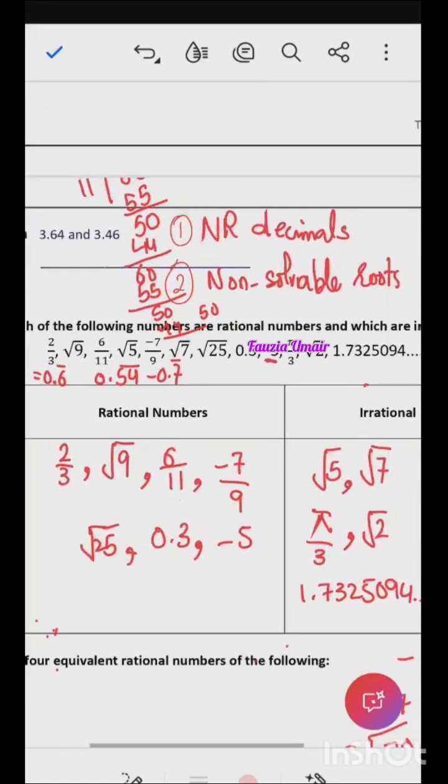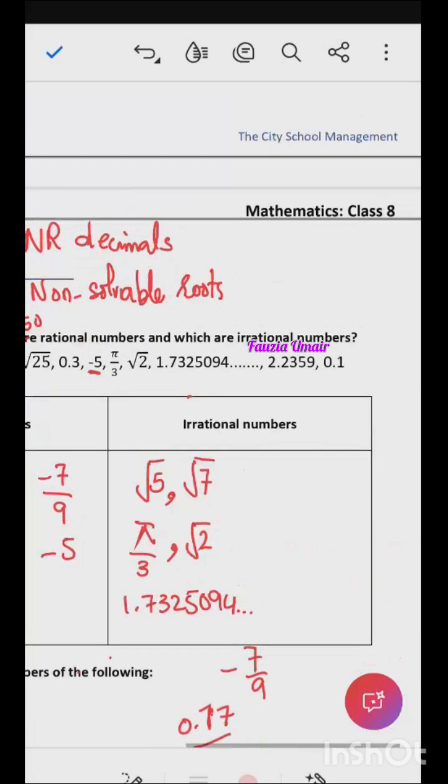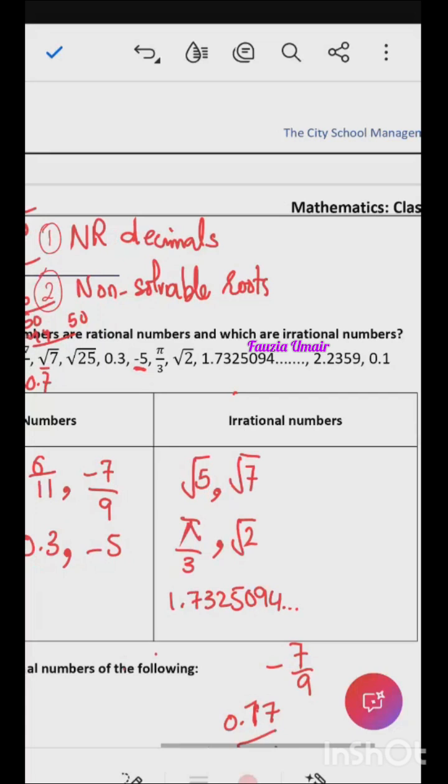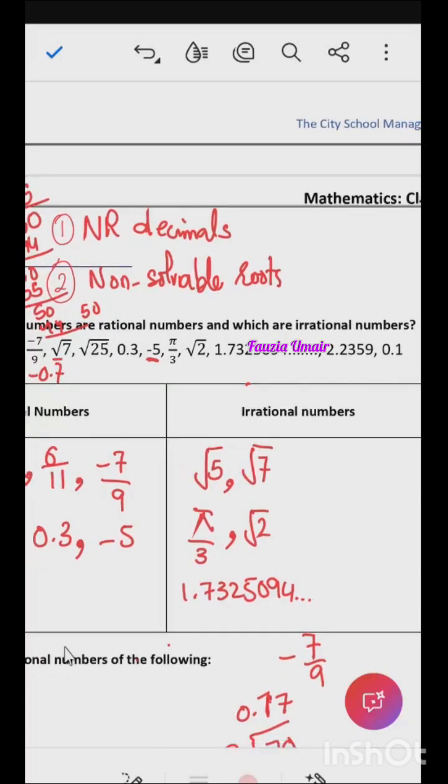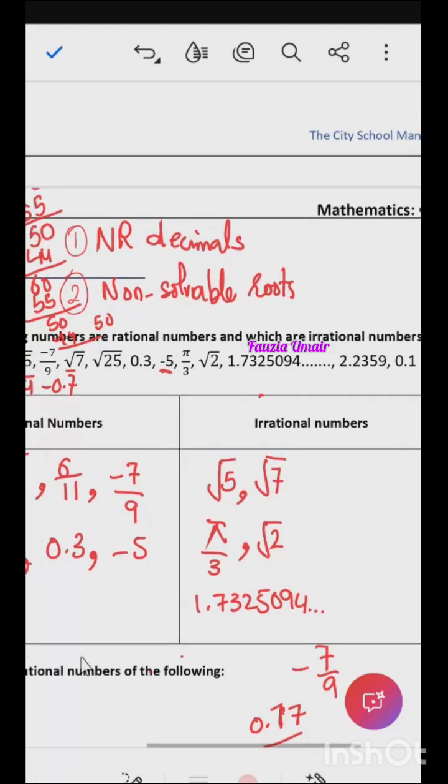So next is 2.2359. Arshman, what kind of decimal is this? Ma'am, it is rational, because this is a terminating decimal. So 2.2359 will come in this column.